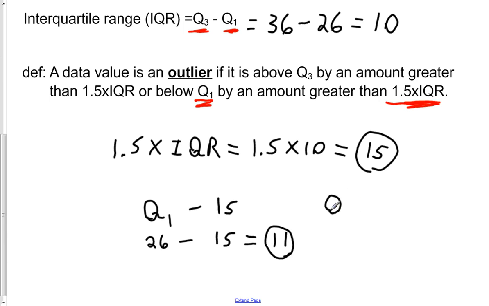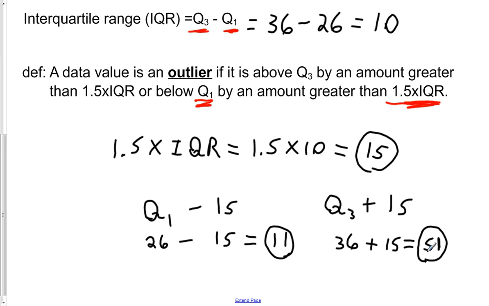Now let's take Q3 and add to it 1.5 times the interquartile range, which is 15. So that is 36 plus 15, which is 51. All right, so this number is going to be our upper bound.